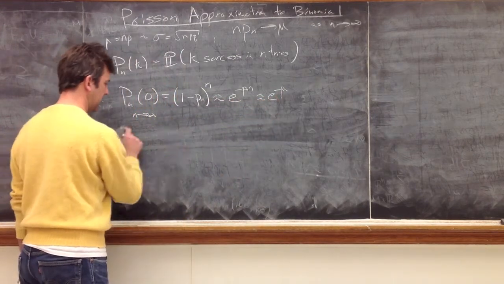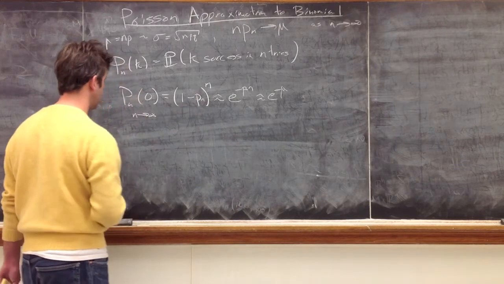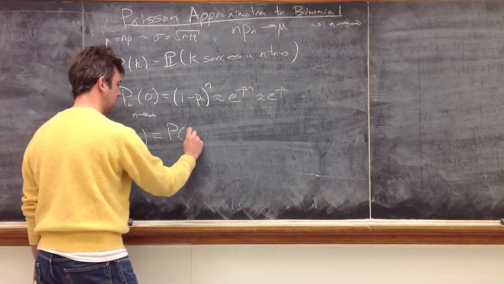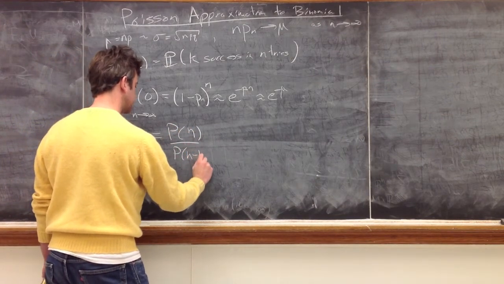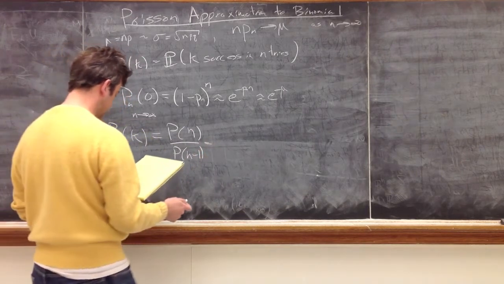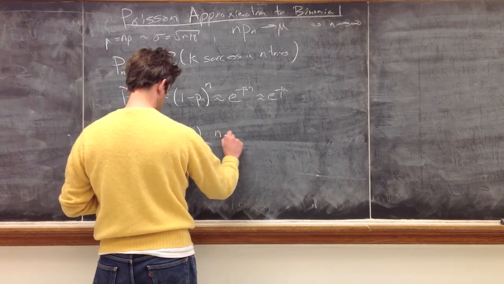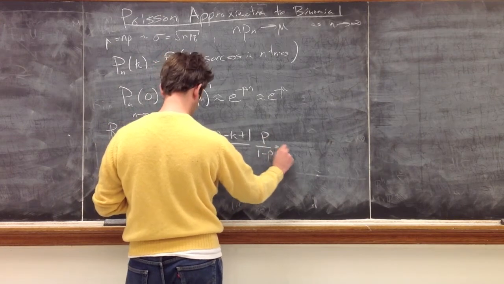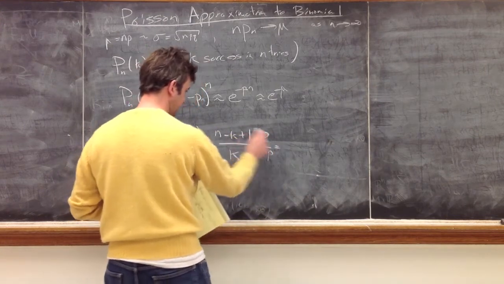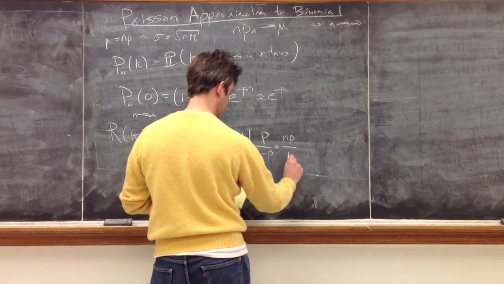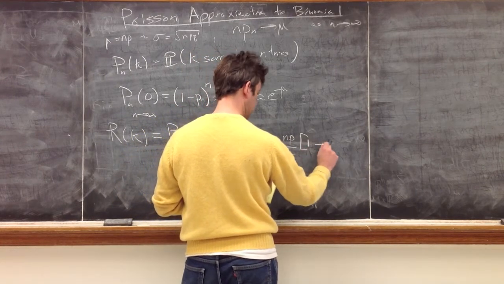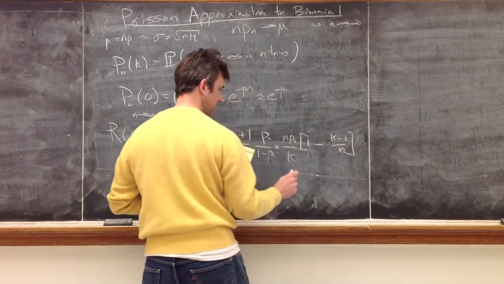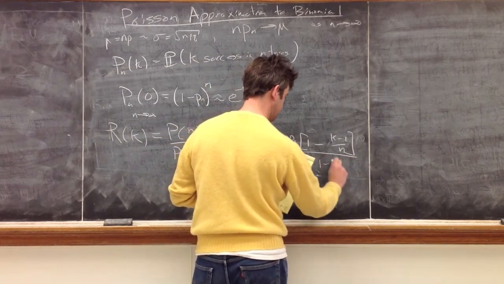for large n. And now, to see what happens for other integers, other small integers, let's define the odds ratio that we already defined before as Pn over Pn minus 1. If you write that out for the binomial, that's just n minus k plus 1 over k times p over 1 minus p. And we can rearrange that by just multiplying through and factoring things around to np over k times 1 minus k minus 1 over n, I should have little subscripts n everywhere on these, divided by 1 minus pn.